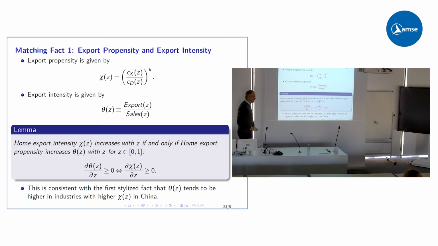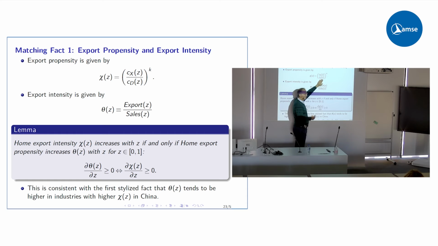Now, can we generate what we see in the data with this model? So what is export propensity and what is export intensity? Export intensity, we said, in a sector Z is just exports divided by sales, the fraction of exports in sales, or if you want, the average export per sales across firms, while export propensity, in the model, is the fraction of firms that export, which is an ex post definition.